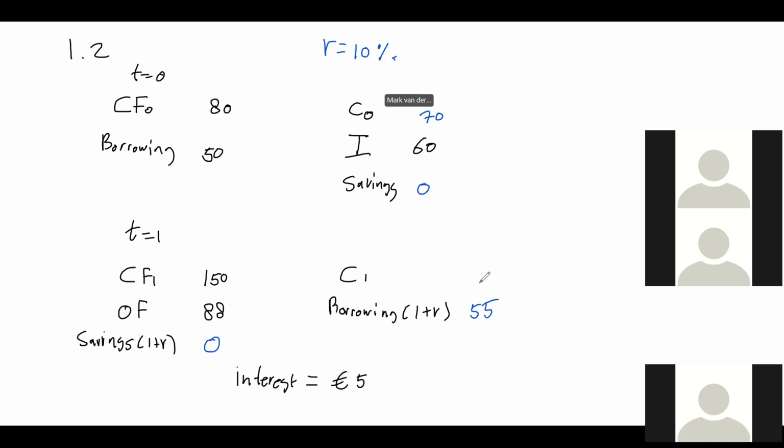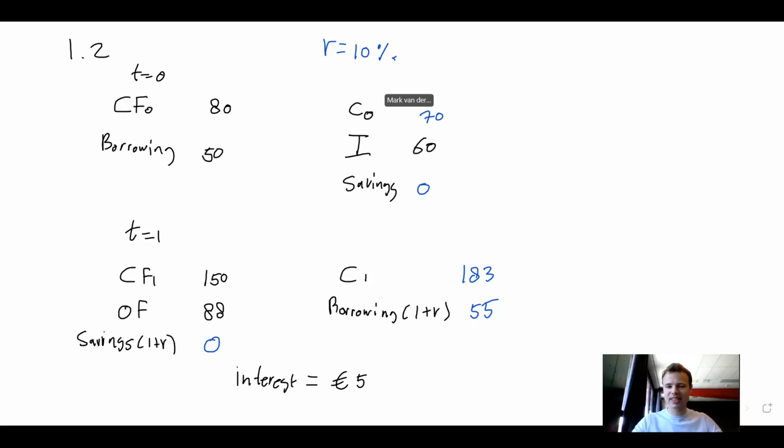And then lastly, could you calculate the C1 for me? 183. Okay. Perfect. Is this clear for everyone so far? So that's basically the key insight of today, how you can work with this model.